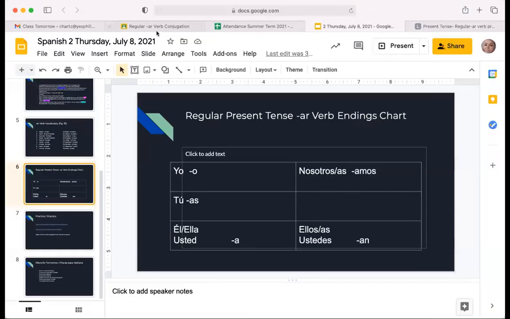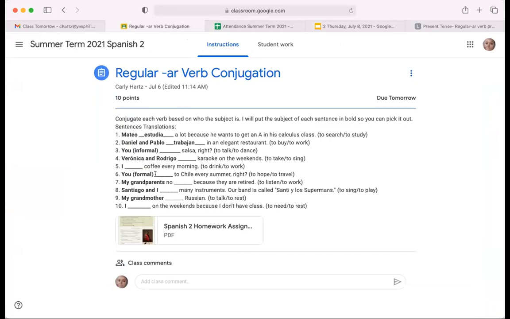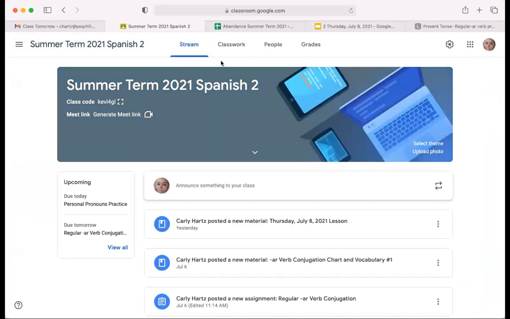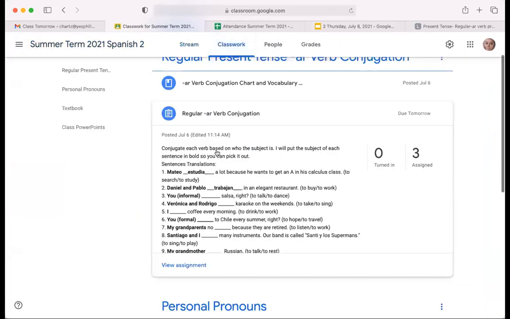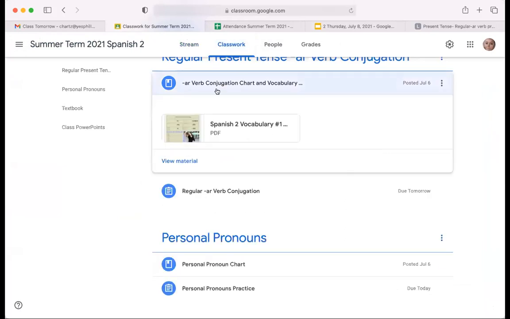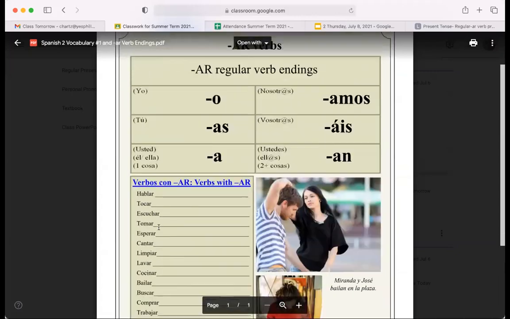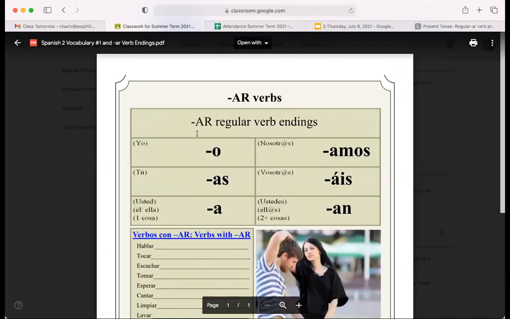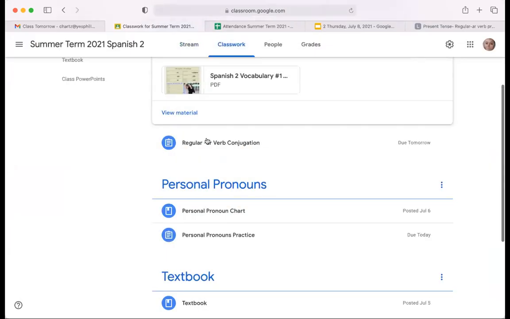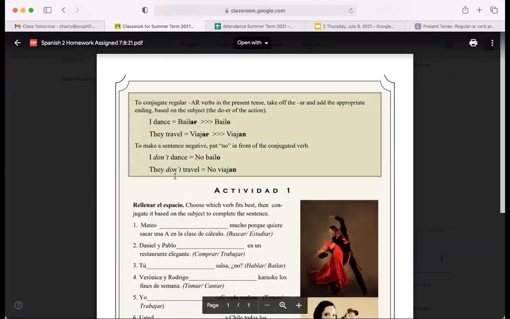And that is the only thing that I have up on Google Classroom. There's that. And then I do have the AR verb chart on here. This isn't an assignment, it's just these are the endings. And then this one, the homework, has how you take the AR ending off and you add the right ending on.